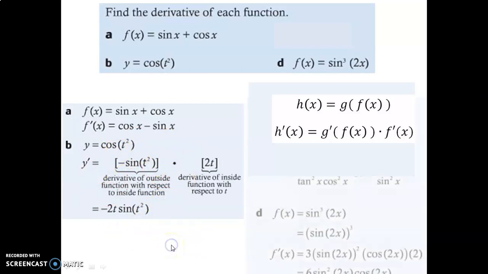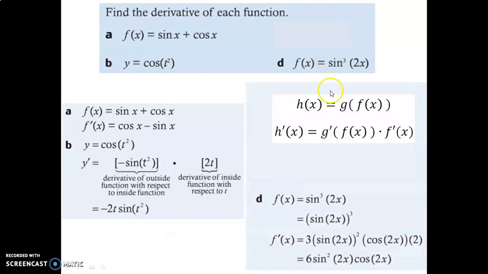And in D, same approach. We have a function within a function. Remember, when we have a cube here, that means the same as having a cube on the whole sine. So now the outer function is something cubed. So when we take the derivative of the outer function, we bring the 3 down, we leave this as it is inside there, and we reduce that exponent by 1.